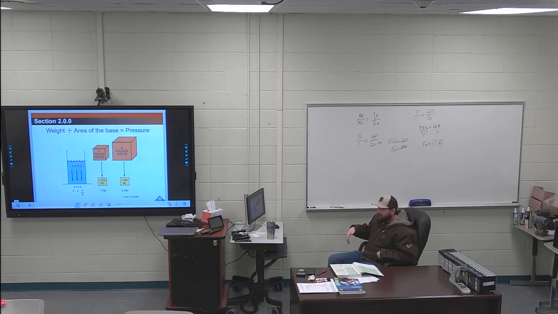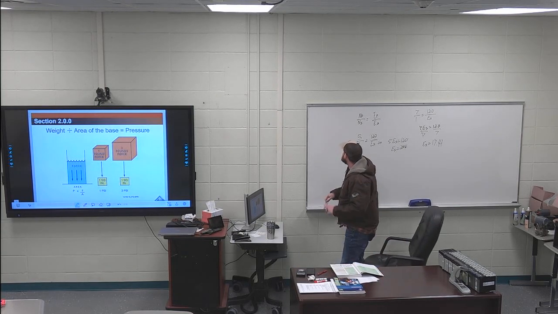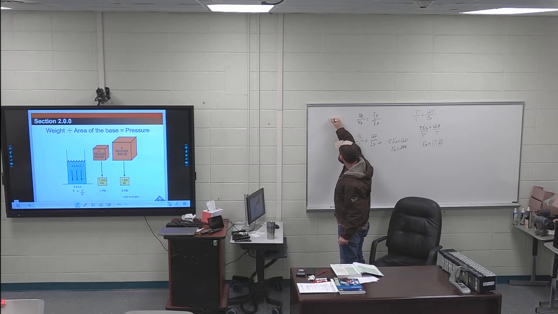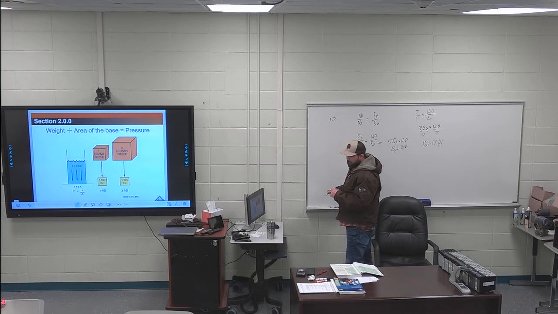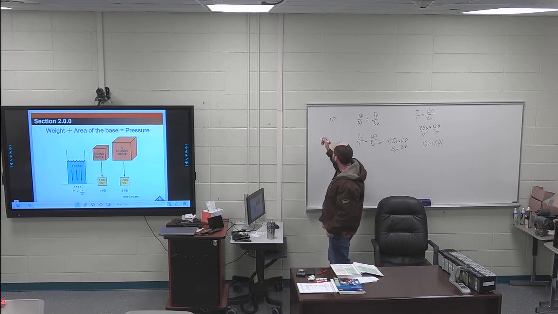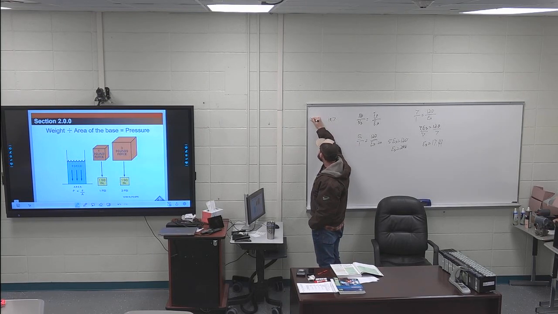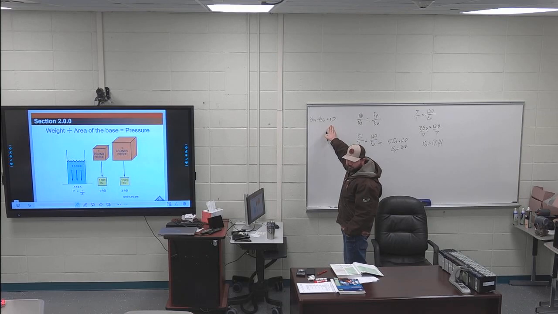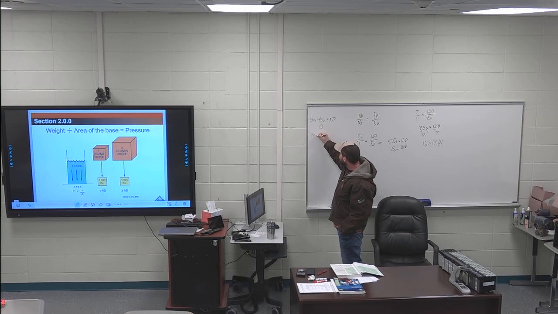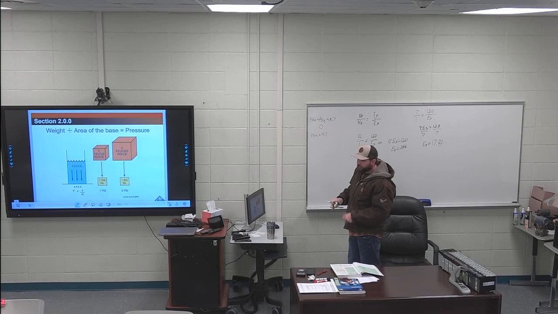We're about at sea level, so we're at 14.7. So our absolute pressure, PSIA, is equal to PSIG plus our atmospheric pressure. If our gauge pressure is reading 0, then our PSIA is going to be 14.7, and so on and so forth.